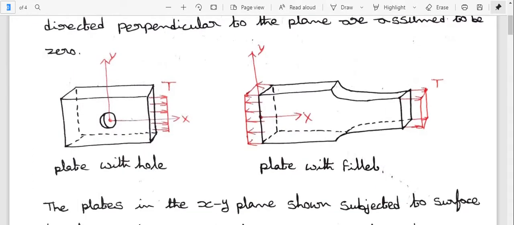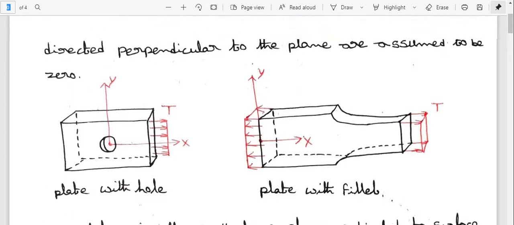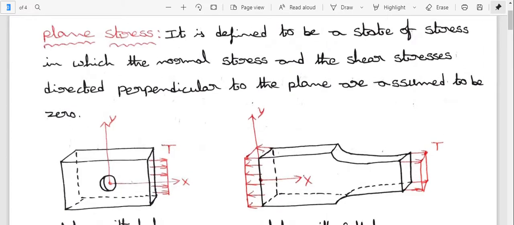So here I am explaining the plane stress conditions. It is defined as a state of stress in which the normal stress and the shear stresses directed perpendicular to the plane are assumed to be 0.